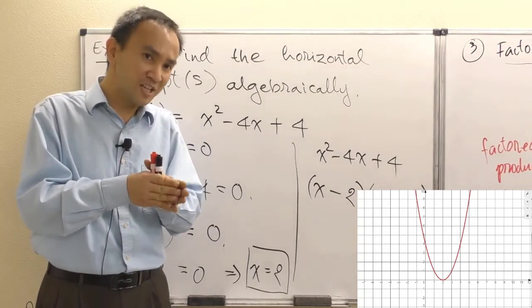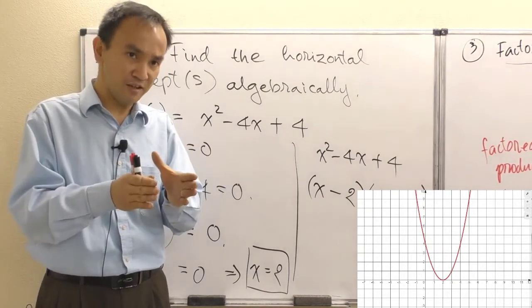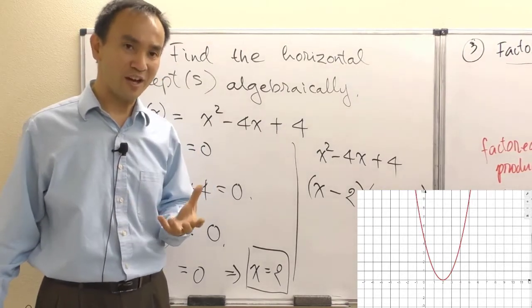Like I said, we have learned that some polynomials have no intercept, or may have some intercepts, or even more than one. We will formalize all that later.